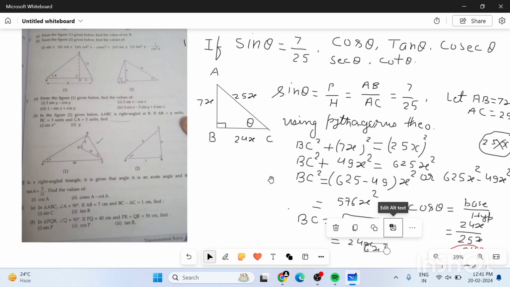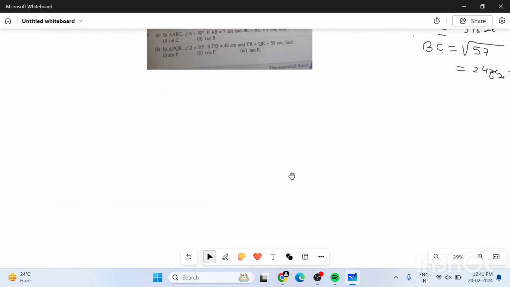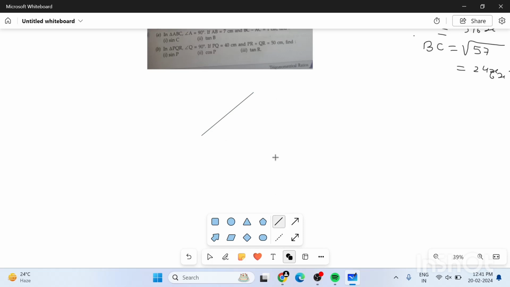Now your triangle is on your screen. In this triangle, again I am copying the figure for you here. We have a triangle, trying to frame it for you.